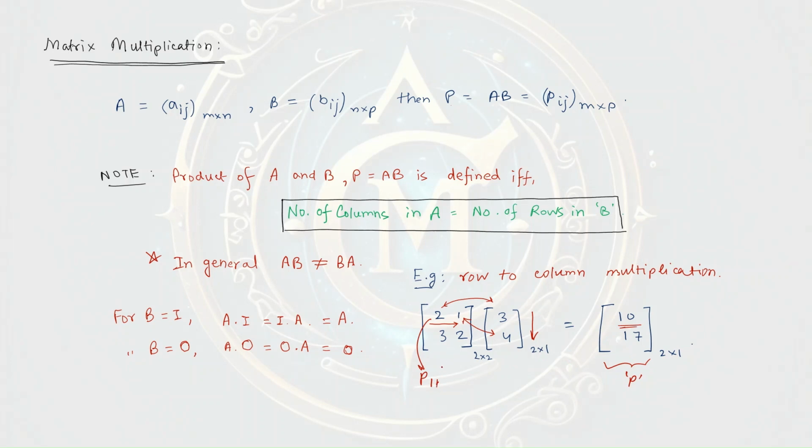So when you multiply the first row of the first matrix with the first column of the second matrix, you basically get the first row and first column element of the product matrix. Similarly, if you multiply the second row of the first matrix with the first column of the second matrix, you get the element of the product matrix at the position 2 1. So this is P21. You can simply see it by yourself.